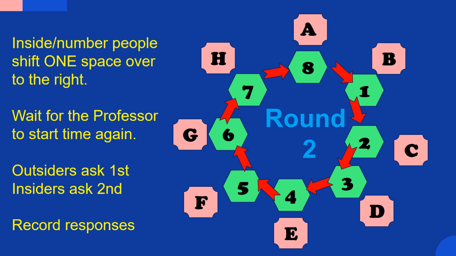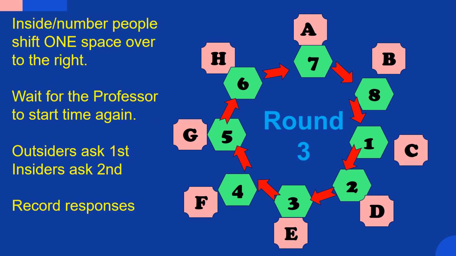A asks their question, B responds. 8 responds, and then 8 will ask their question, and A will respond. So then we move on to round 3. You've guessed it. Now A is talking to number 7. So again, A will ask their one question. Number 7 answers. Then 7 asks their one question, and A will answer.